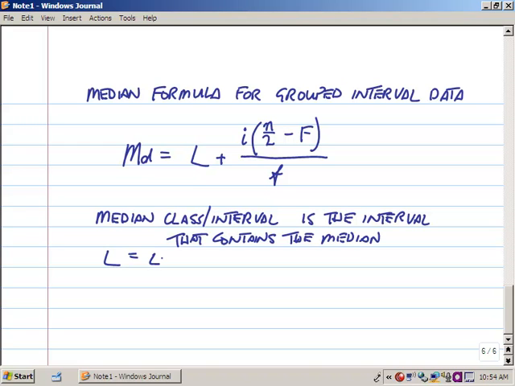L is the lower limit of that class, so it's the lower limit of the median class. Little i is the width of the median class.